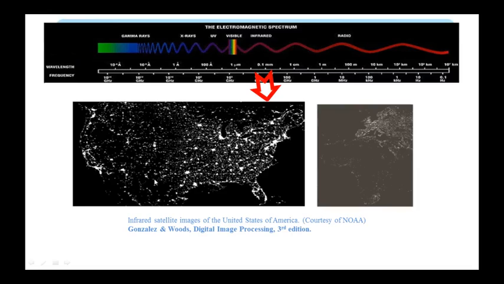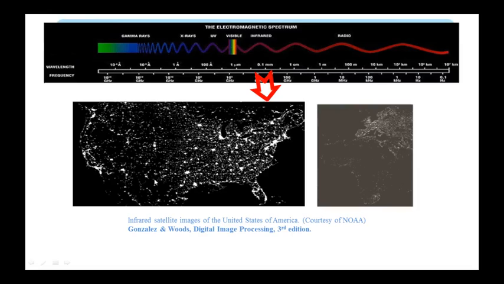The image was generated by the IR imaging system mounted on a National Oceanographic and Atmospheric Administration, NOAA, satellite. The satellite operates in the band 10 to 13.4 micrometers and has the unique capability to observe faint sources of visible near IR emissions present on the Earth's surface, including cities, towns, villages, fires, and so on.